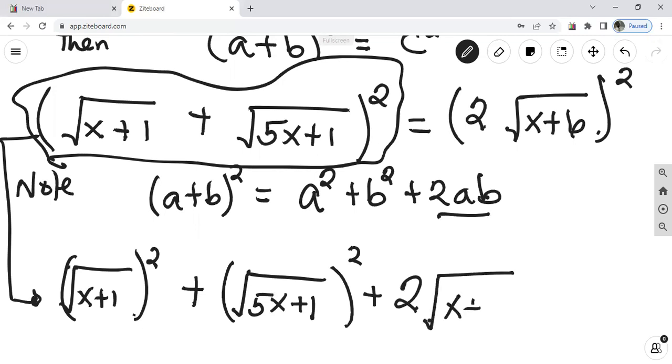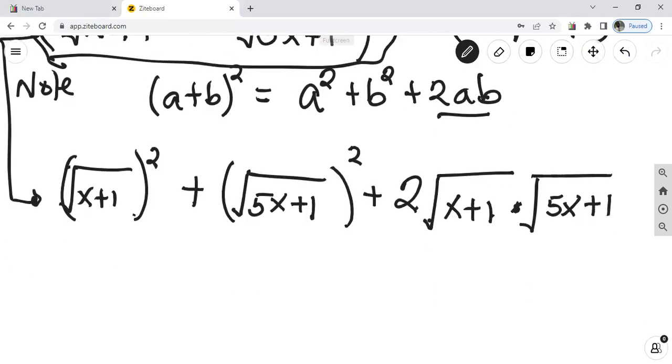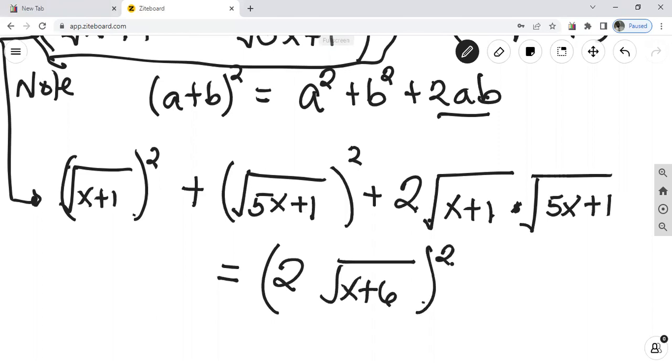The square root of x plus 1 multiplying the square root of 5x plus 1. And we equate to the right hand side of the equation, which we remember is 2 of the square root of x plus 6 all squared.